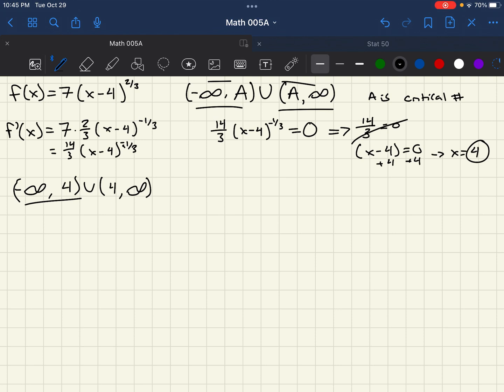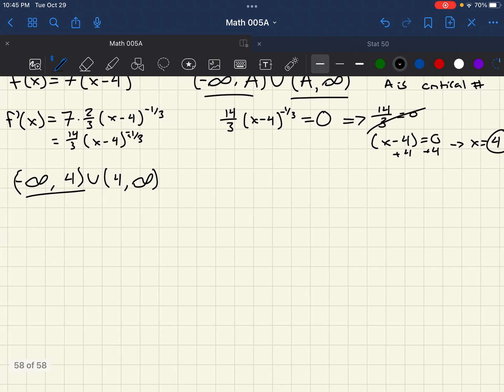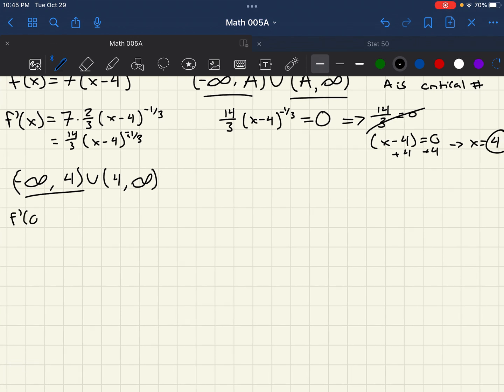And I think for this we can do x equals 0. So we can do f prime of 0, and that's going to equal 14/3 times (0 minus 4) to the negative 1/3.